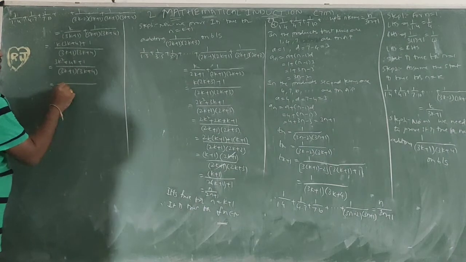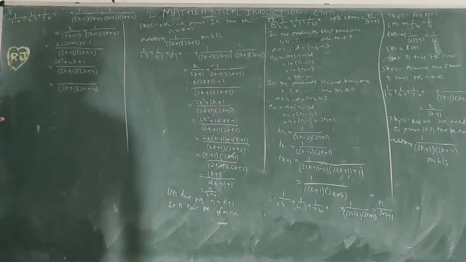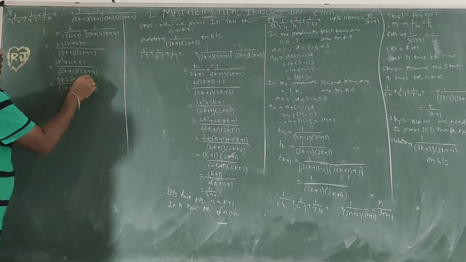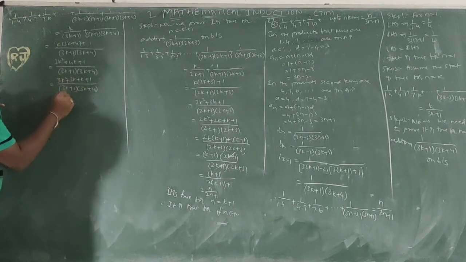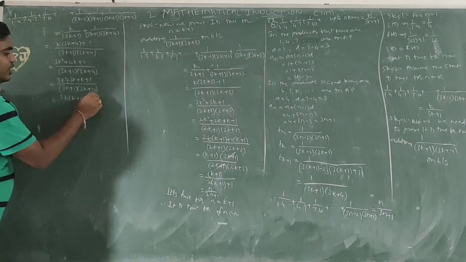So factorization: 3k square plus 4k plus 1, which is 3k square plus 3k plus k plus 1. In this, 3k common, k plus 1, and in this, 1 common, k plus 1.